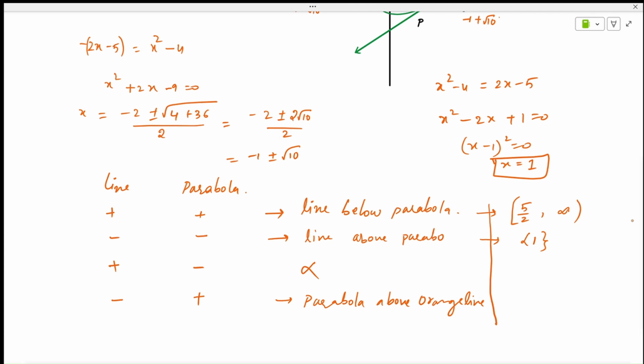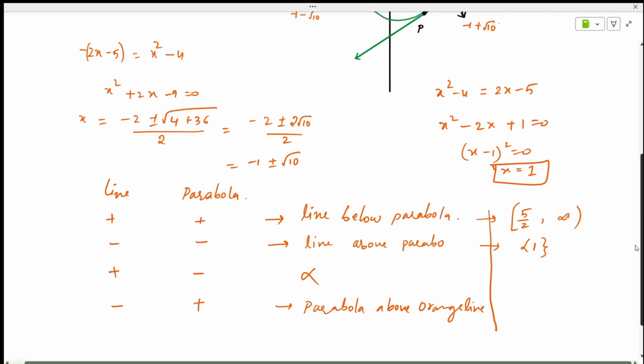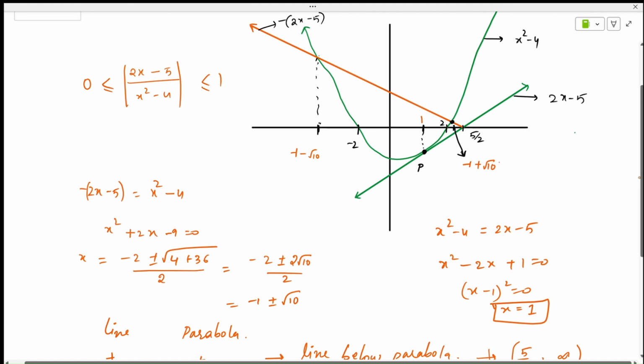And if line is negative and parabola is positive, then we'll take parabola above the orange line. So first, from minus infinity to minus 2, parabola is positive but line is negative.